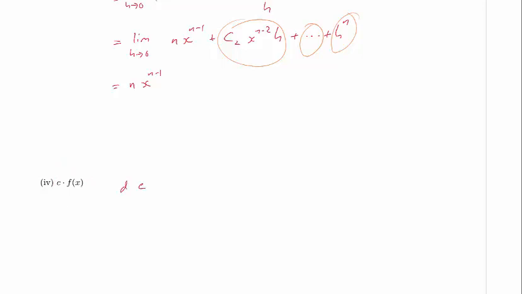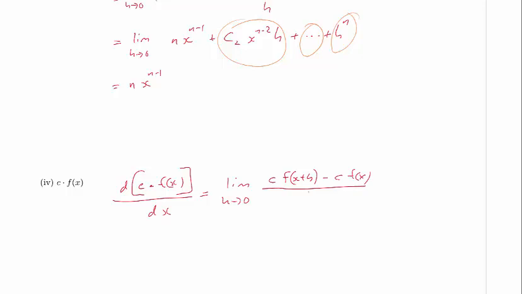So the derivative of a constant times f of x with respect to x simply equals the limit as h approaches 0 of c times f of x plus h minus c times f of x all over h. Okay? All we're doing is applying the formal definition of the derivative. So note we've got the c here and here, so we can pull it out.